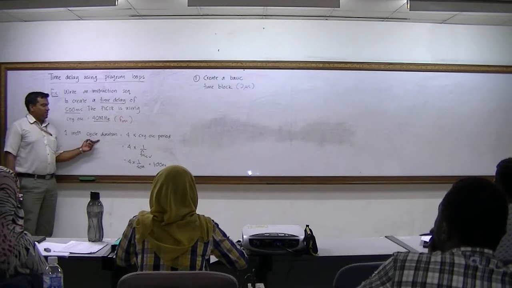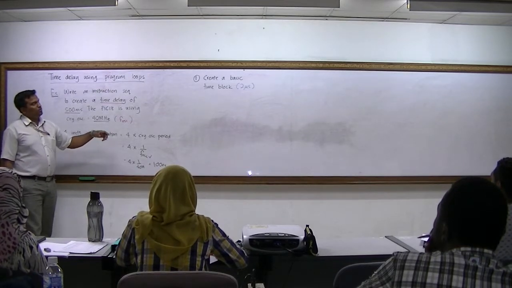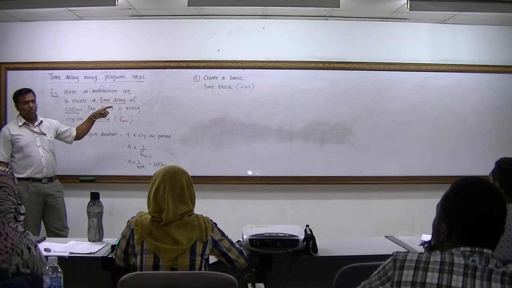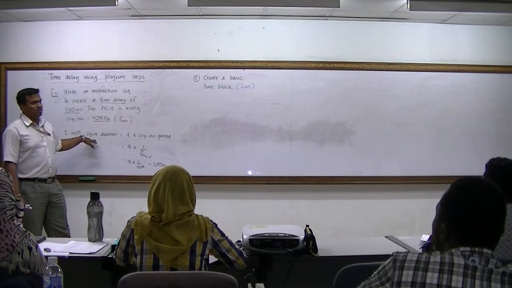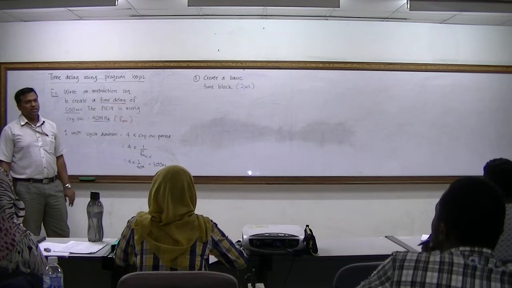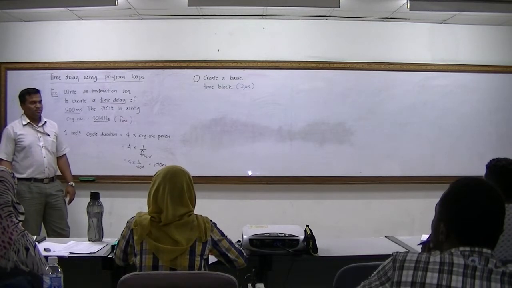Okay, one instruction cycle takes 100 nanoseconds. Understand that? Now, if we want to create a basic time block of 2 microseconds, how many instruction cycles do I need so that I can achieve a 2 microsecond delay? 20. How do you get 20? 2 micro divided by 100 nano.